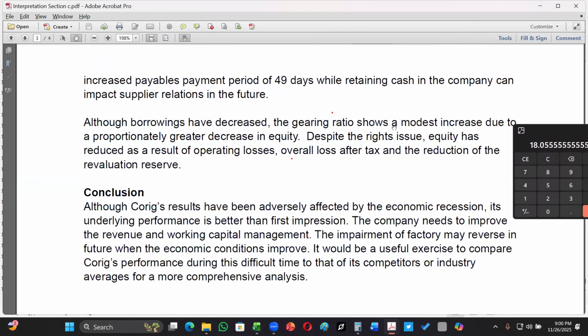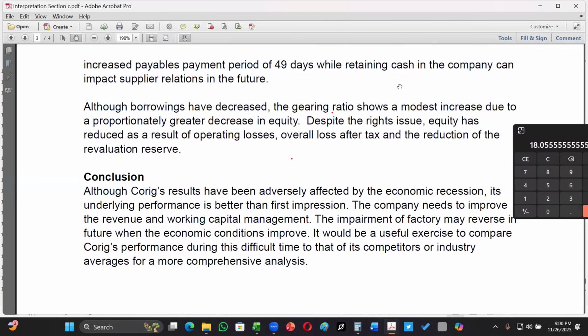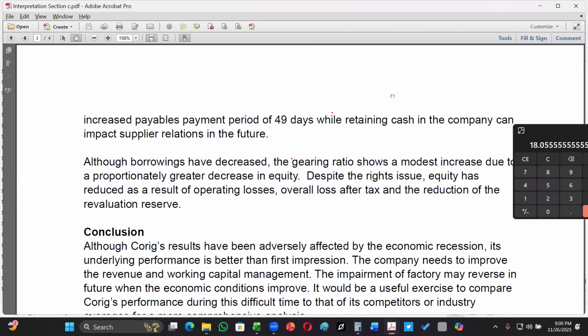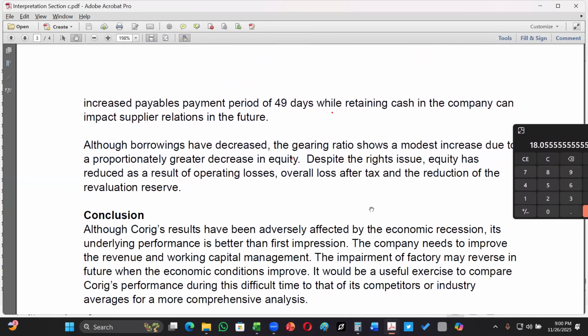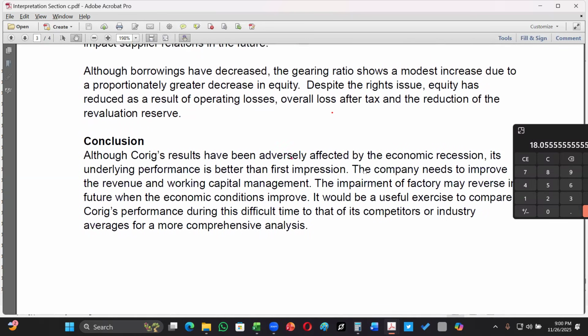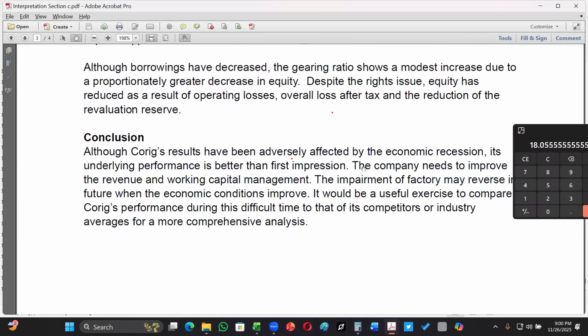Again, we discussed that this is not great because this would deteriorate the relationship with the suppliers. They might not give us the supplies anymore, and we might not get the discount on prompt payments. Here we have the gearing.